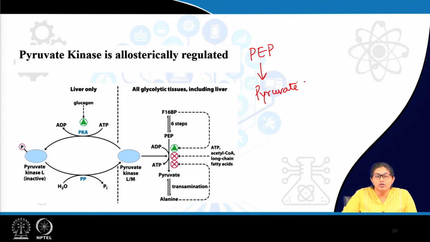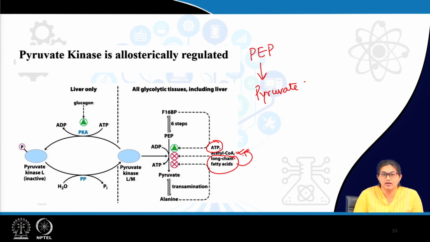Pyruvate kinase isoforms are mostly regulated once again by energy signaling molecules like ATP or acetyl coenzyme A or long chain fatty acid, from which we get acetyl coenzyme A. So, these are the deactivators of glycolysis. Basically, these molecules inhibit glycolysis.